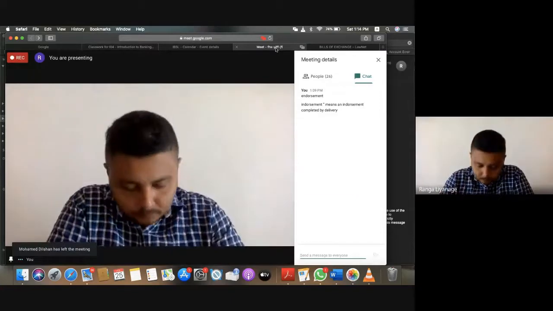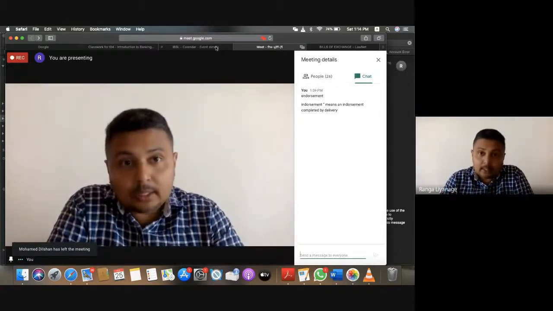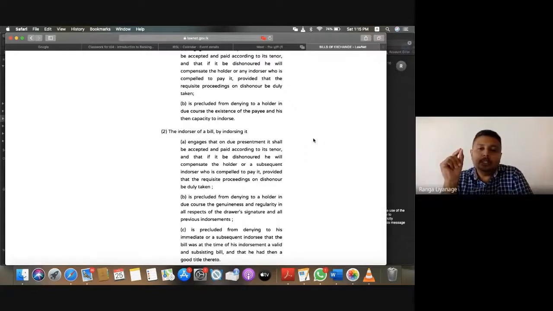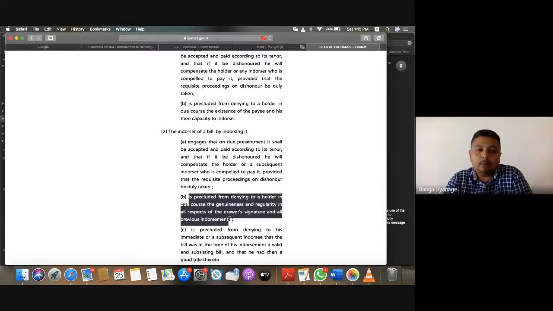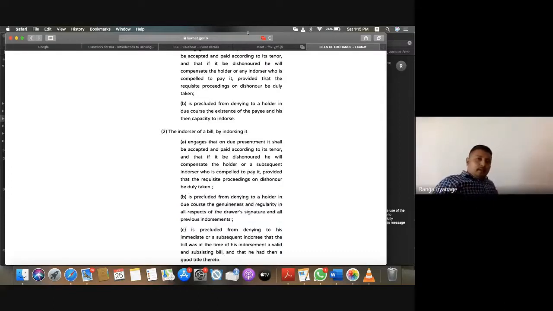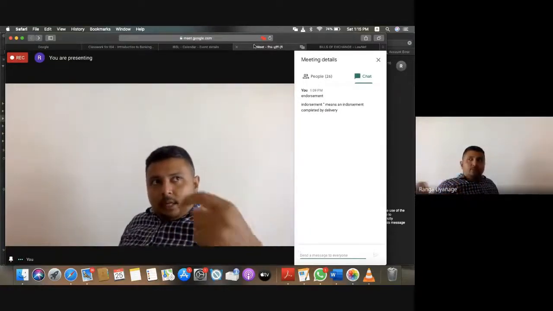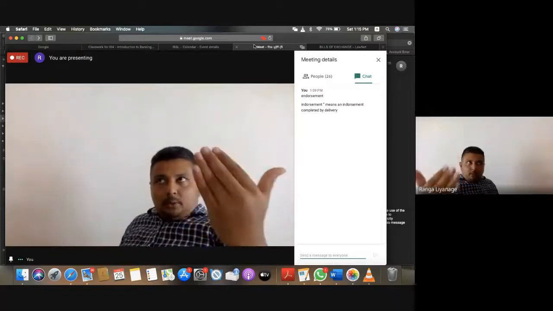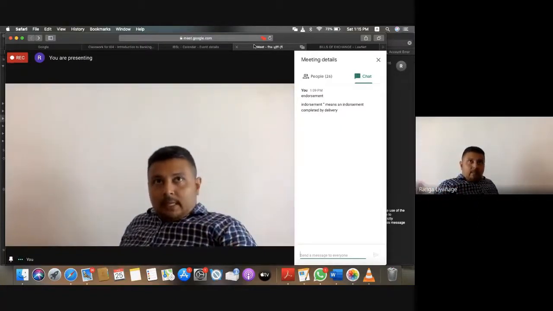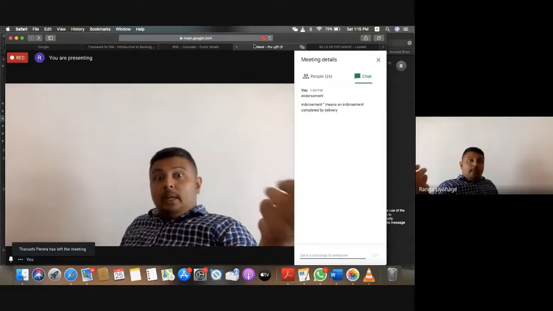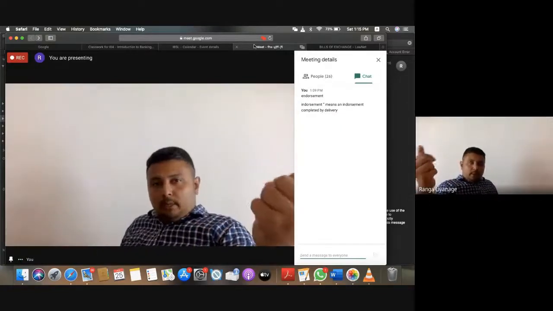Because of that guarantee in these laws of merchants, this whole Bills of Exchange Ordinance is popular, right? An endorser is precluded, you can read this, from denying to the holder in due course the genuineness and regularity in all respects of the drawer's signature and all previous endorsements. So you as the endorser of a bill are liable to everyone in the chain of title subsequent to your endorsement. You are liable to your endorsee, and once that endorsee endorses and gives it to another endorsee, you're liable to whoever is holding the bill in due course.